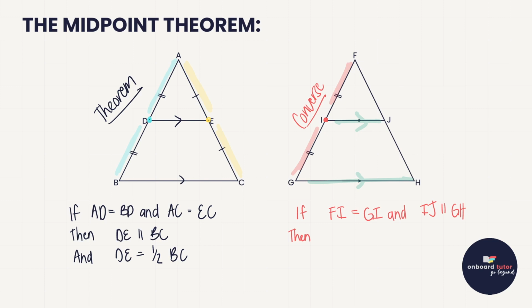So then we can say J is equal to HJ, and IJ is equal to half the length of GH. That's the midpoint theorem, and once you understand it, the trick becomes spotting it. Whenever you're given what looks like a triangle in a triangle, and you've got some parallel sides or some equal lines, that's when you want to be looking out for this theorem in action.